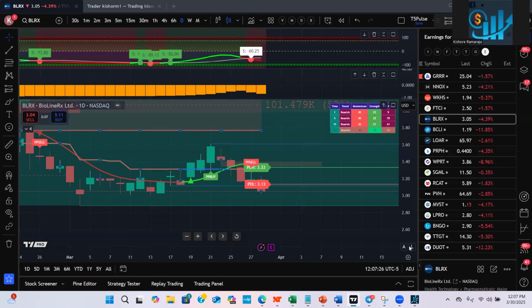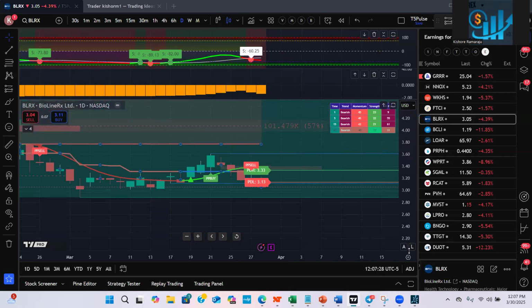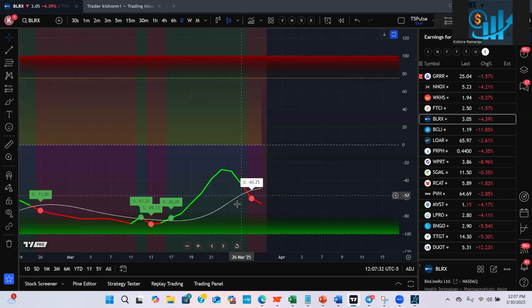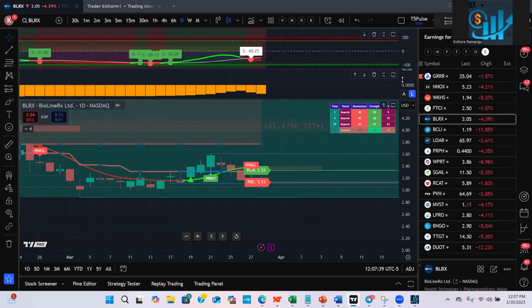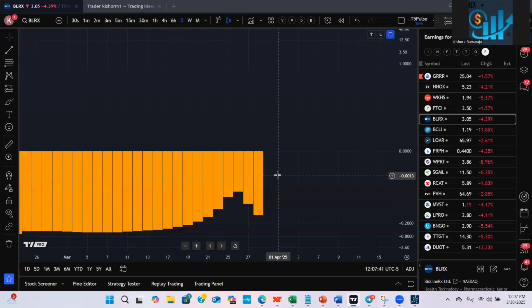If you look at this particular ticker, you see that this is looking bearish based on T5. If you look at T55, it is looking bearish. The seller's volume went down a little and again the seller's volume increased.